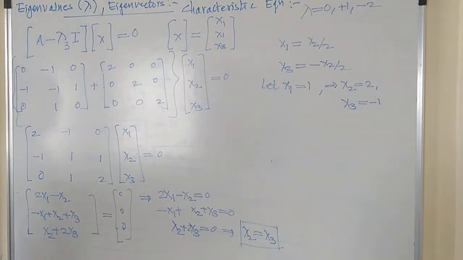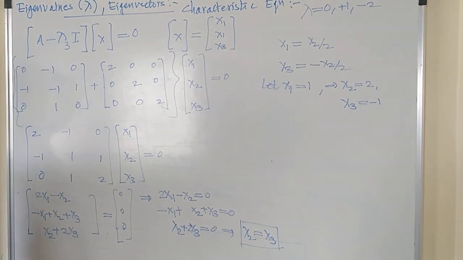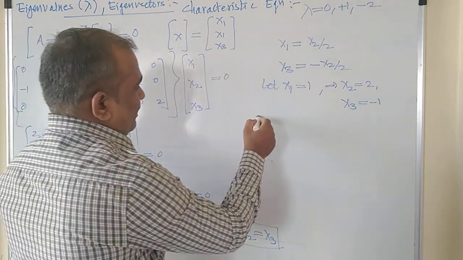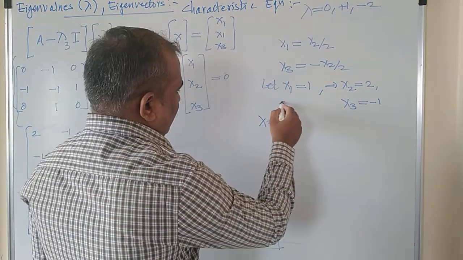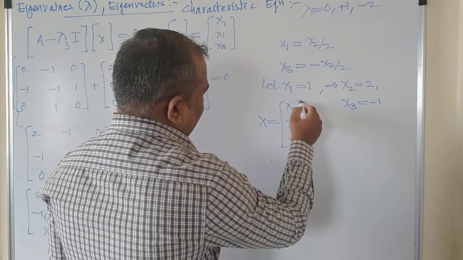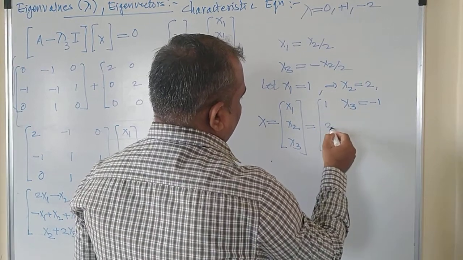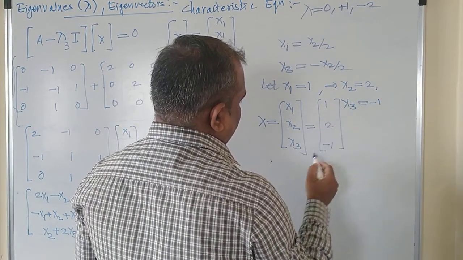So you got all the three values, x1, x2 and x3, 1, 2 and minus 1, right? So your eigenvector x is x1, x2, x3, and these eigenvectors are 1, 2, minus 1, right?